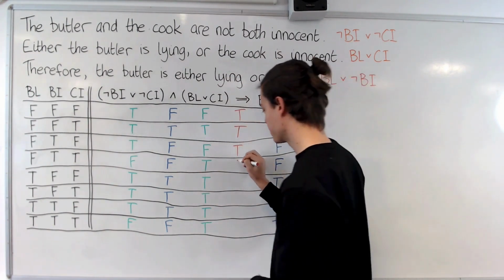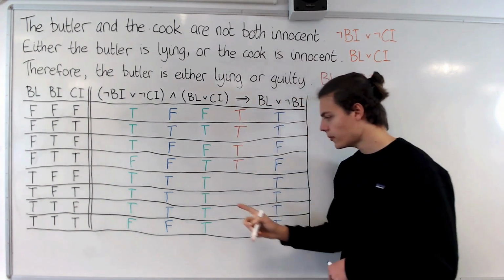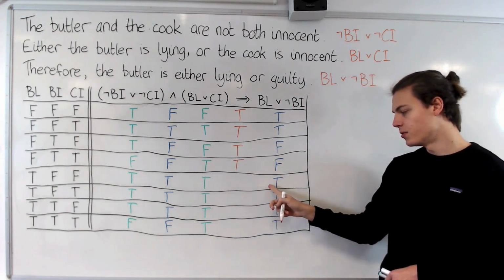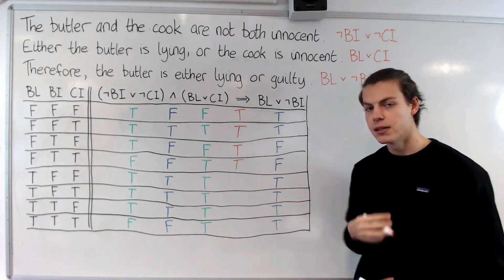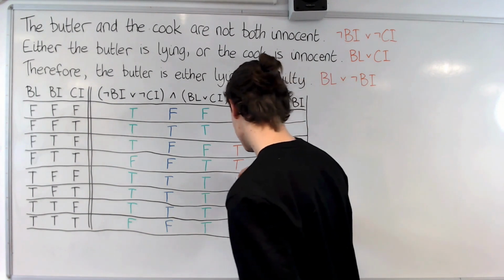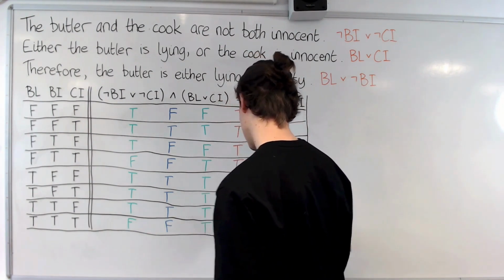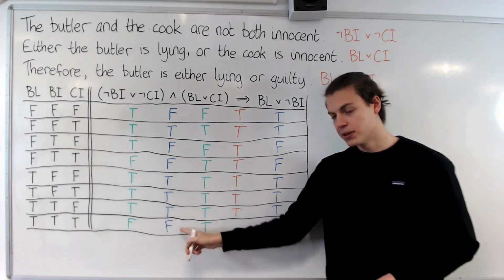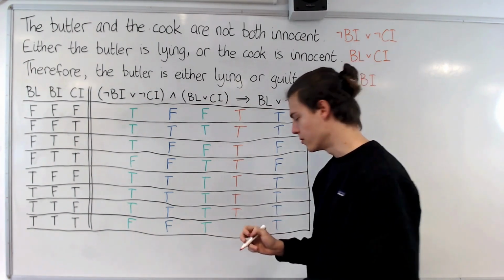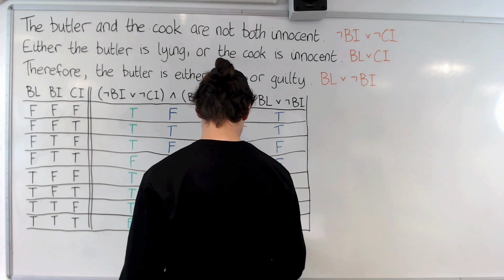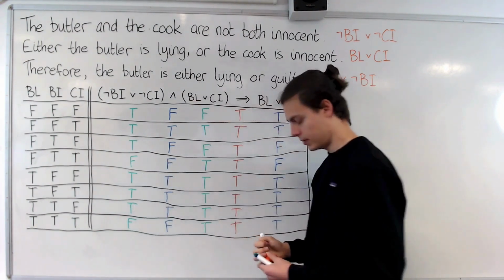And again, true implies true in the next three rows. That's true. And finally, false implies true is true.